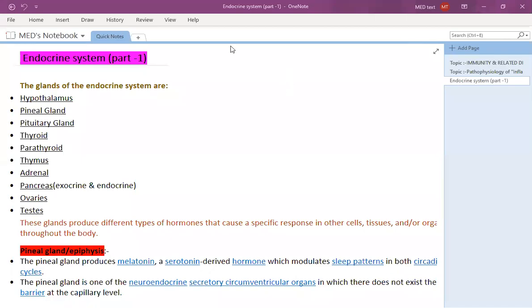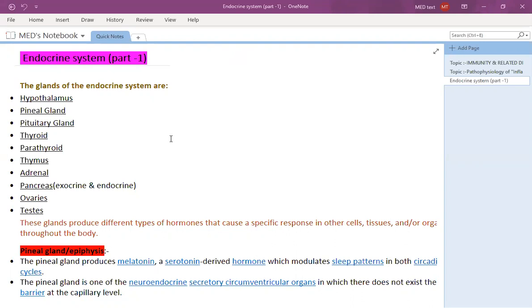Today we are going to start from the endocrine system. In this endocrine system, I'll be telling you part wise, as it will be divided into some parts because it's a lengthy topic. So first of all, let's get started. The endocrine system consists of glands.